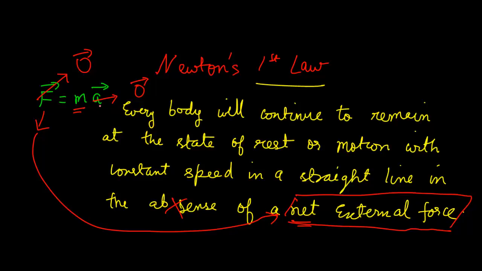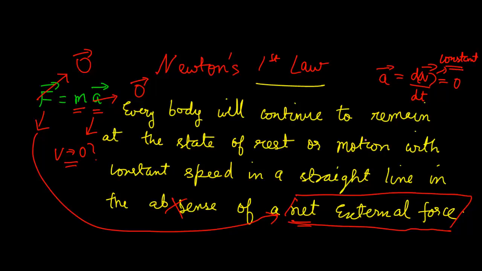You've studied acceleration, right? If acceleration is 0, what can I say about the velocity? Does the velocity have to be 0? Think about it for a second. No, right? Because acceleration is equal to dv by dt, and if this is 0, what I can say is the velocity is a constant.